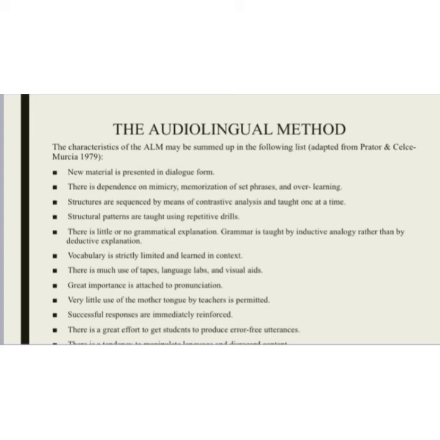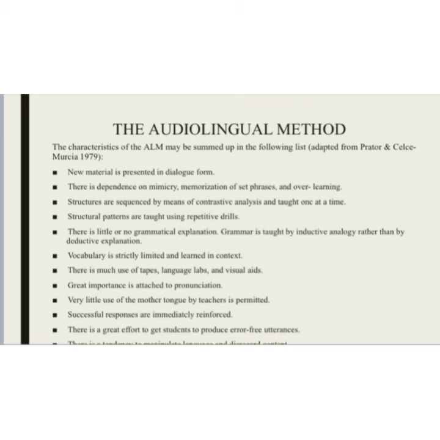The first one is new material is presented in dialogue form. The second is there is dependence on mimicry, memorization of set phrases, and overlearning. The third is structures are sequenced by means of contrastive analysis and taught one at a time.